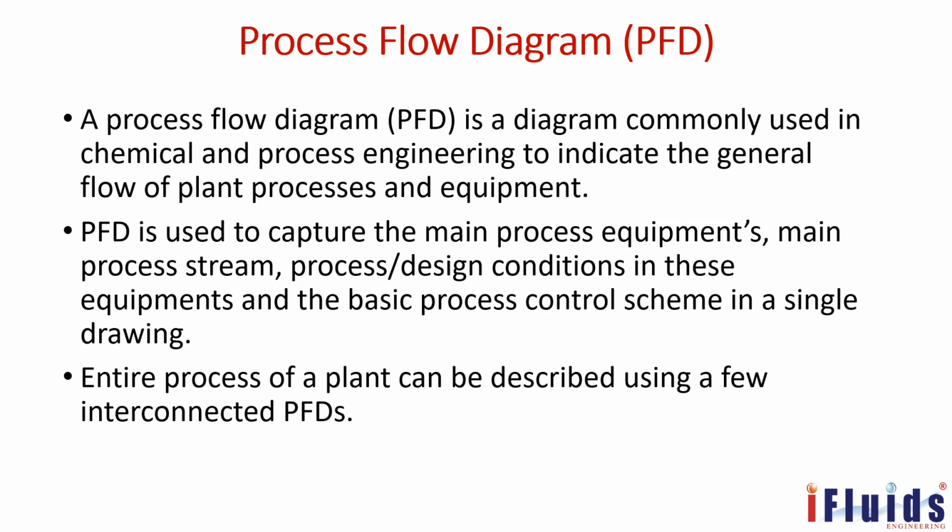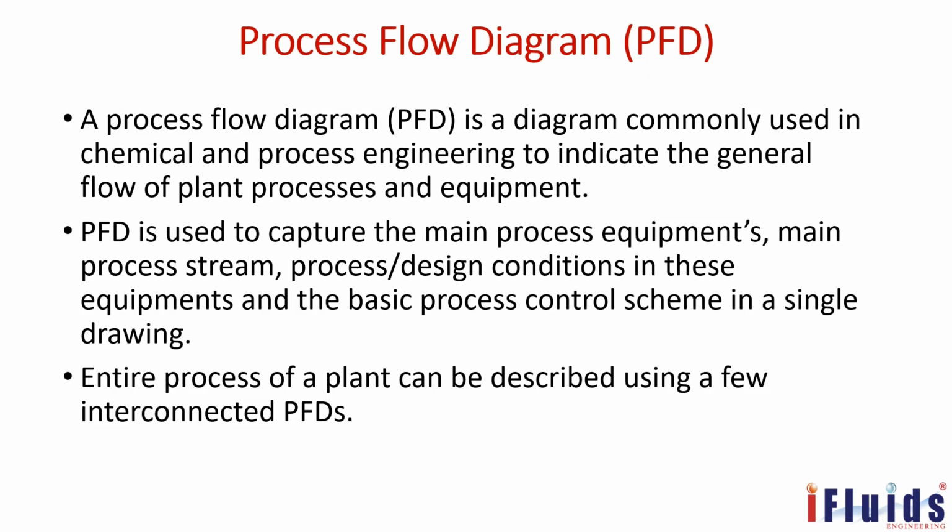A process flow diagram is a diagram commonly used in chemical and process engineering to indicate the general flow of plant process and equipment. PFD is used to capture the main process equipment, main process streams, process design conditions in these equipments and the basic process control scheme in a single drawing. The entire process of a plant can be described using a few interconnected PFDs.